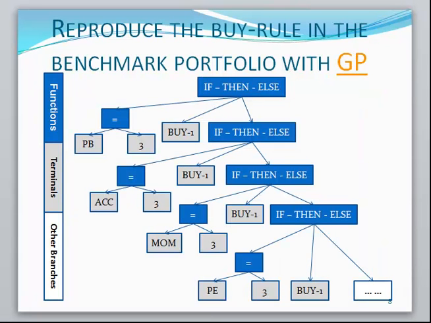With the GP, we develop a trading rule which reproduces the buying rule in the benchmark. The rule shown here represents: if the indicator PB is 3, then buy, or if the indicator PE is 3, then buy, or if the indicator price momentum is 3, then buy, or if the indicator of accruals is 3, then buy.